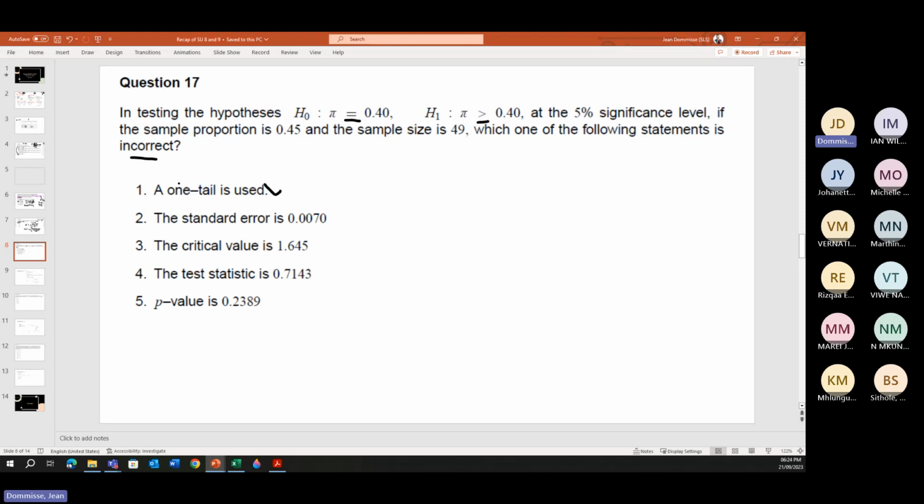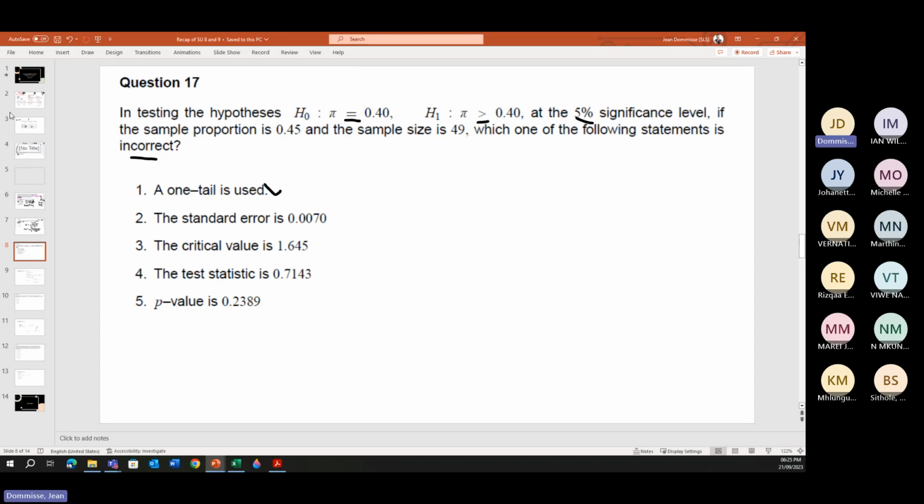So unfortunately, we need to get the incorrect one, so it's not that. Let's see what else is in here. 5% level.